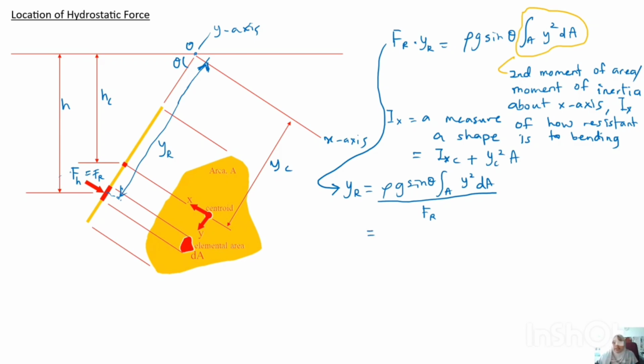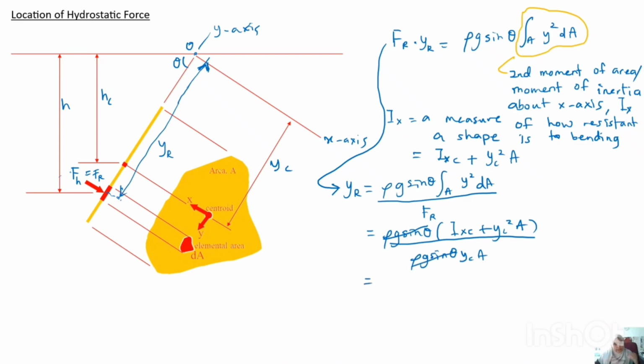Fr from the previous slide is rho g sine theta yc A. This one you just replace with Ixc plus yc squared A. So this one cancels.